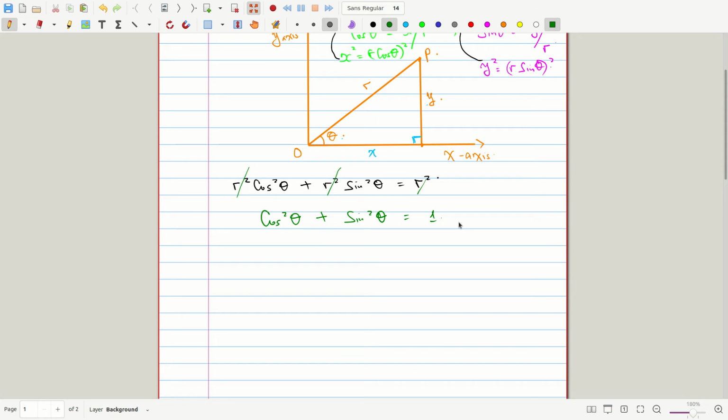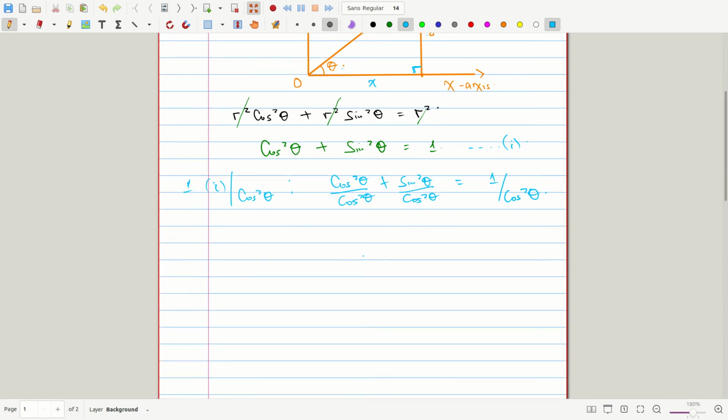So we have a series of other results which we can get from this. The first one is, let's call this maybe equation 1. If we get equation 1 and then we divide it by cos squared theta, then we should be able to get cos squared theta over cos squared theta plus sine squared theta divided by cos squared theta equals 1 over cos squared theta.